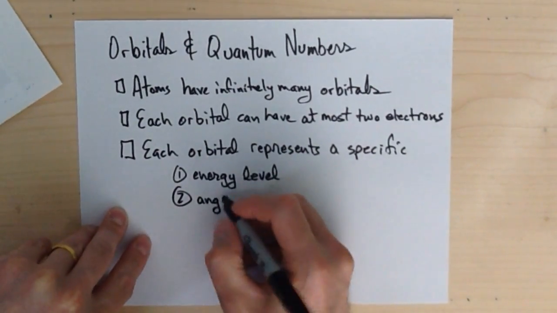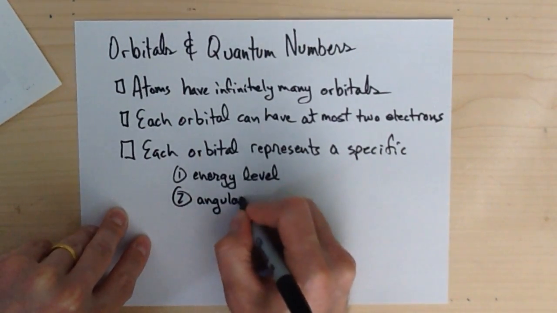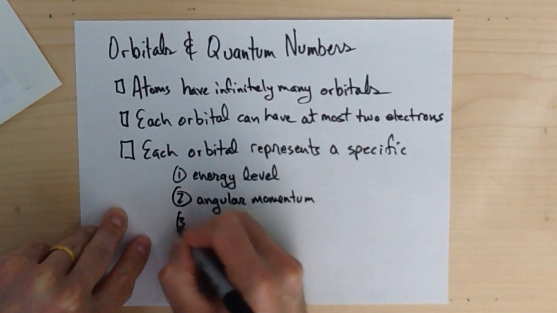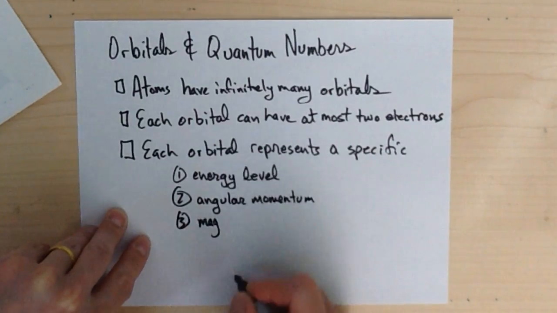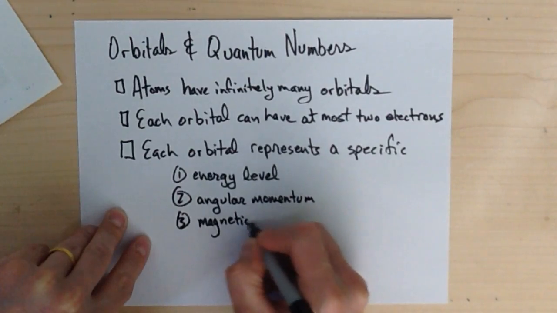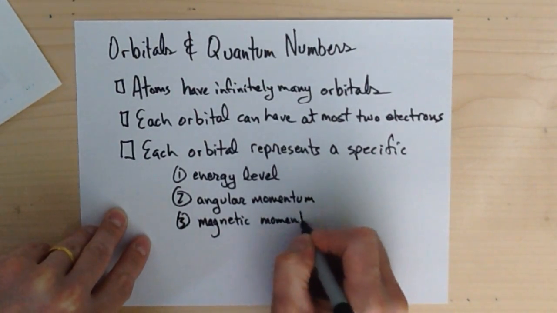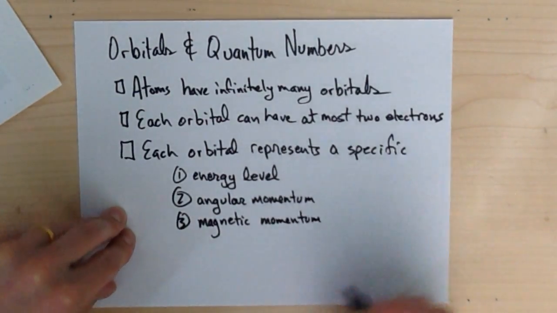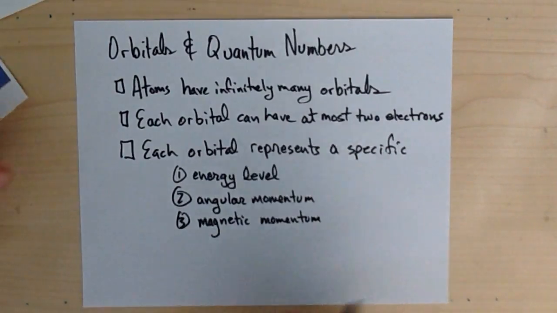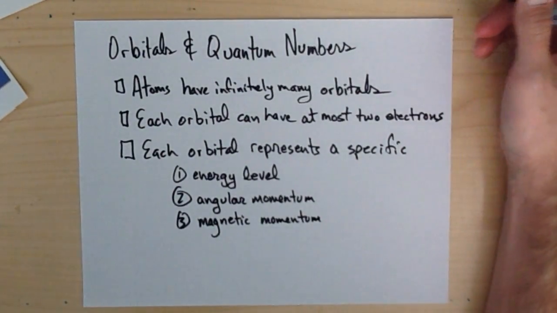Also, it represents a specific angular momentum. And then lastly, it represents a specific magnetic momentum. And these are the specific features of orbitals that really open up the whole world, not only of nanoscience and nanotechnology, but also of semiconductors and all kinds of material science, chemistry.